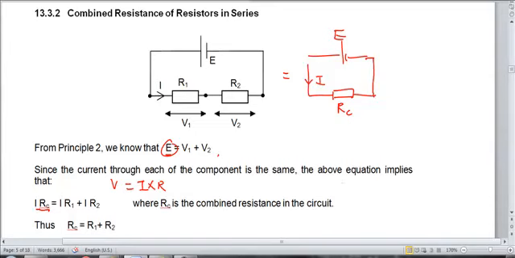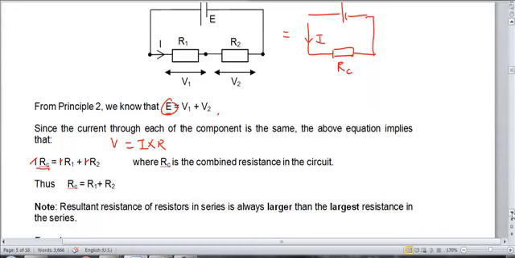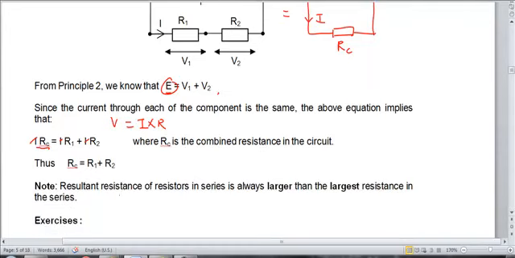Cancelling away the common term I, you end up with the combined resistance equals the sum of the two resistance values. So of course from here you can see that the combined resistance is greater than R1 and greater than R2, because it's the sum of R1 and R2.